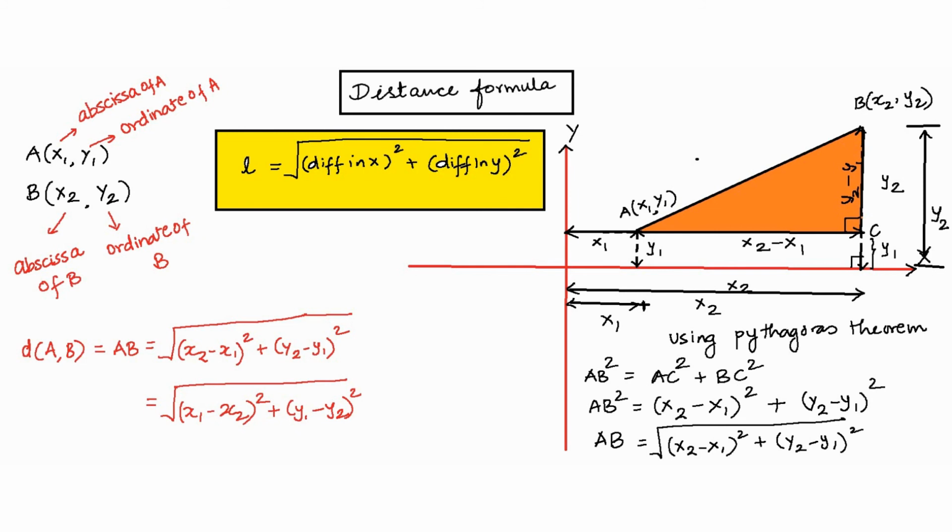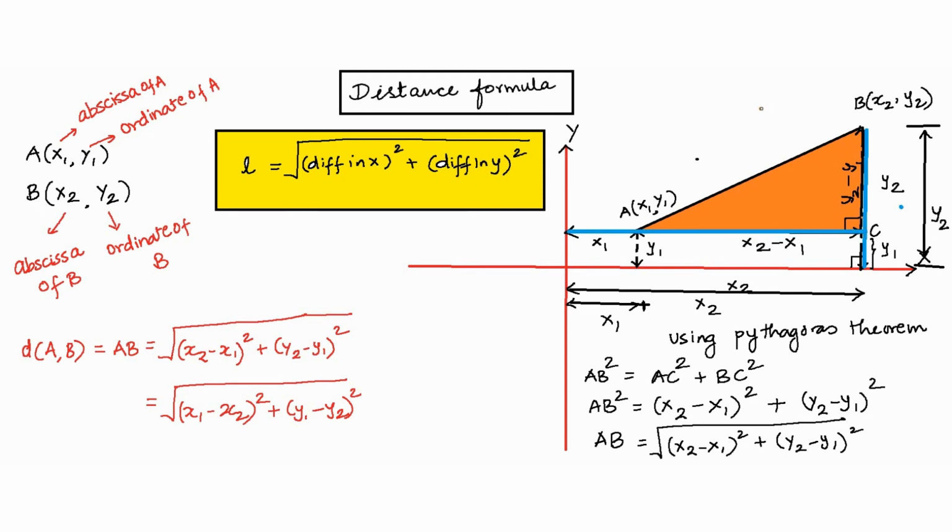If I were to shade the x and y coordinates of point B, I know that the complete vertical length is y2. So let's darken it. This complete length is y2 and the complete horizontal length is x2.